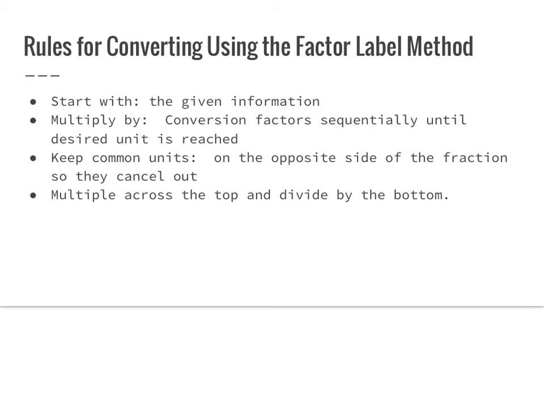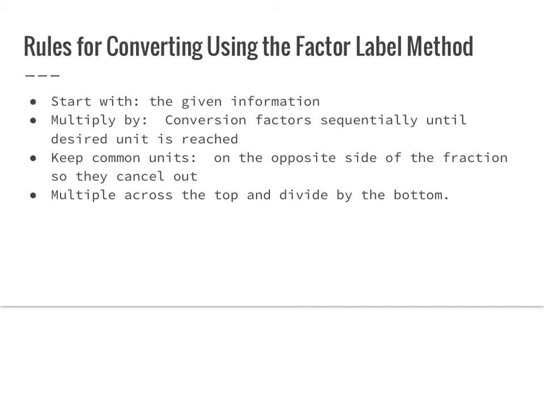From there, you are going to multiply by the conversion factors sequentially until your desired unit is reached. For some conversions, you might only need 1 conversion factor. Other times, you may need 2, 3, 4, etc. But you keep going and you keep multiplying by these conversion factors until whatever unit you're looking for is reached.